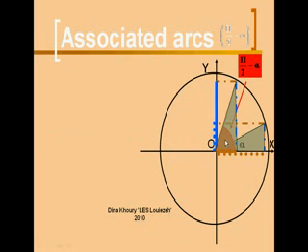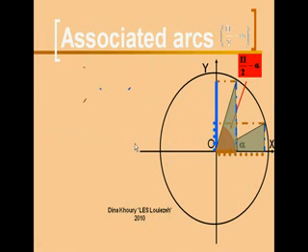If you consider these two triangles, they are congruent, having this segment equal to this segment and this segment equal to this segment. But each of these segments represents a cosine or a sine of the angle.